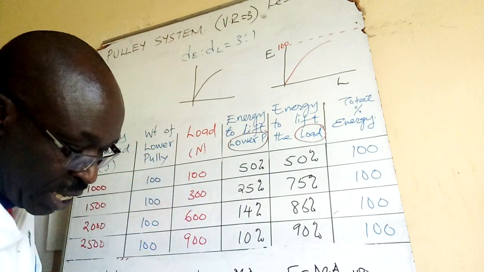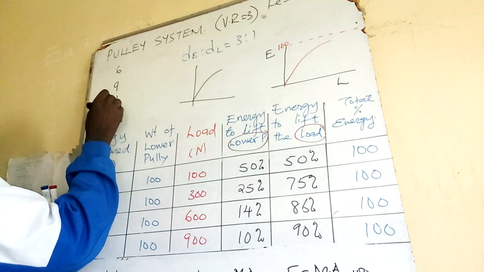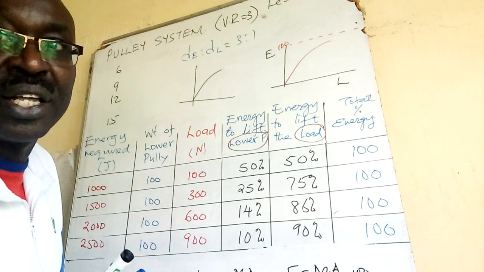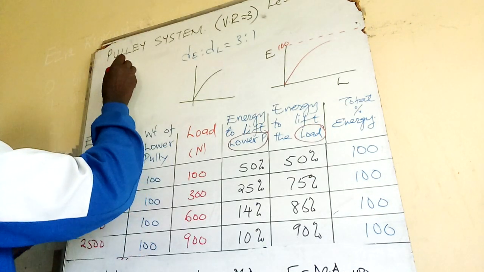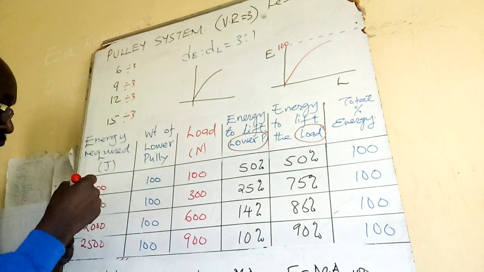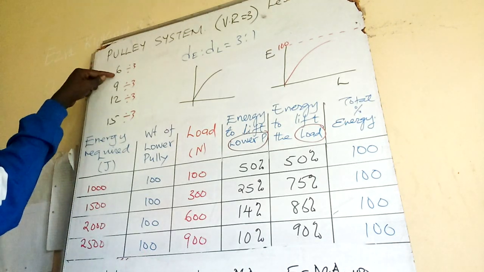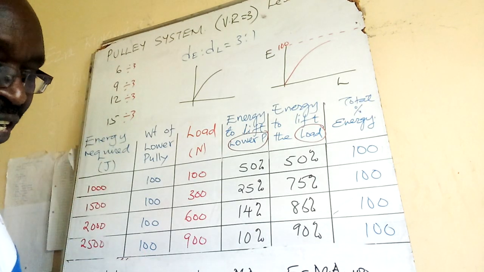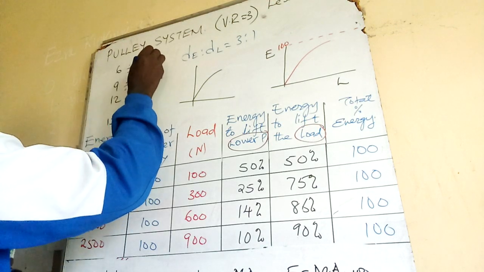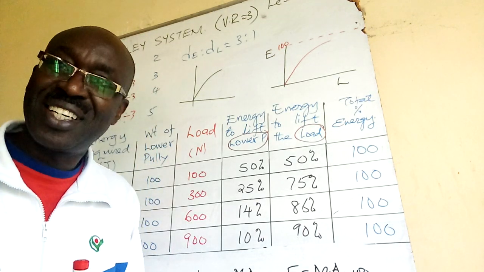Suppose we have this data: 6, 9, 12, 15, and then each figure divided by 3. Since these figures in black were increasing, if I divide by 3, they will still be increasing. So what do you get here? 2, 3, 4, 5. They are also increasing.